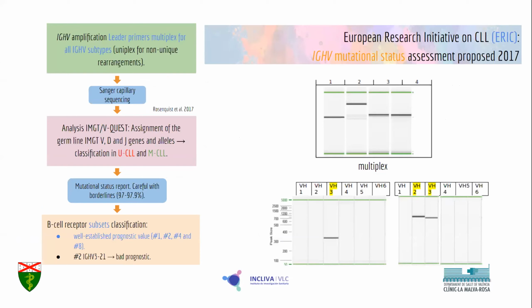So there is a European research initiative on CLL called ERIC, whose last updated guidelines to assess the mutational status of the variable region of the heavy chain locus were proposed in 2017, and they include the following steps, which are the amplification of the region using leader primers in multiplex, including all the V subtypes.